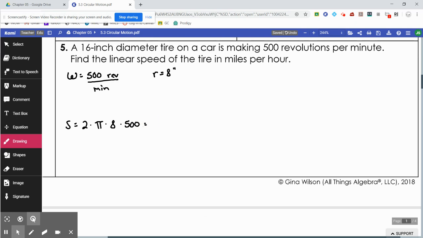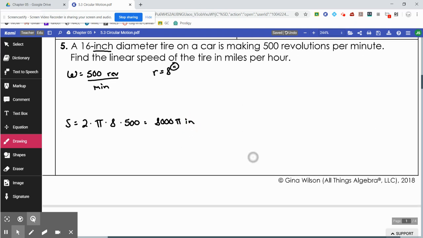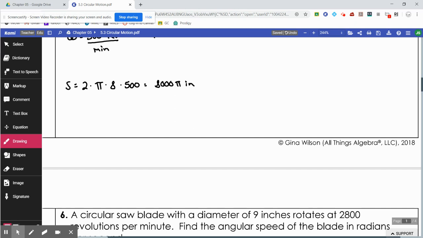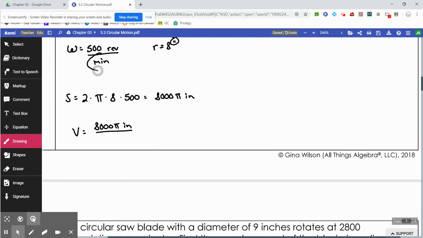So this is the distance that it's going to go in that 1 minute, and that's going to be 8,000 pi inches. So that's the arc length. Therefore our linear velocity is we're traveling 8,000 pi inches per that 1 minute.